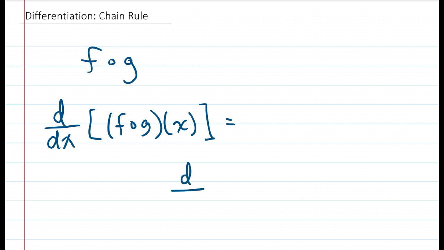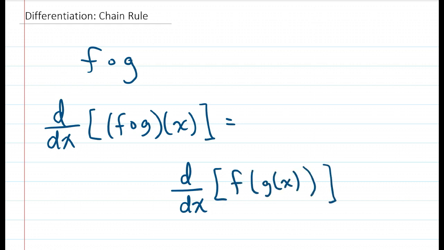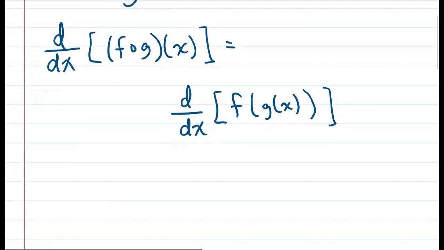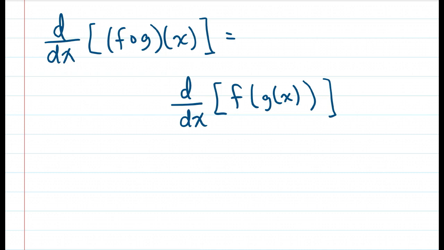In essence, it's saying to take the derivative of f of g of x, right? Where g of x is just inserted into f of x. And our chain rule tells us to find that derivative. We'll have f of x and g of x.